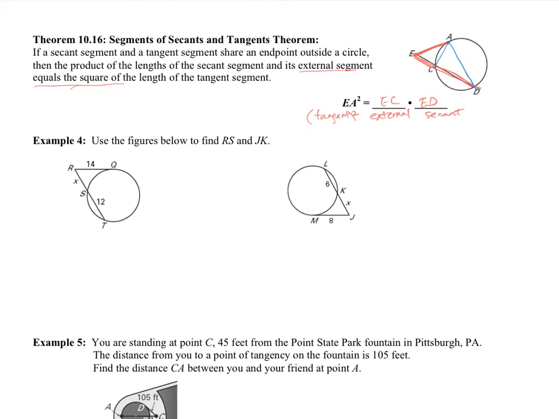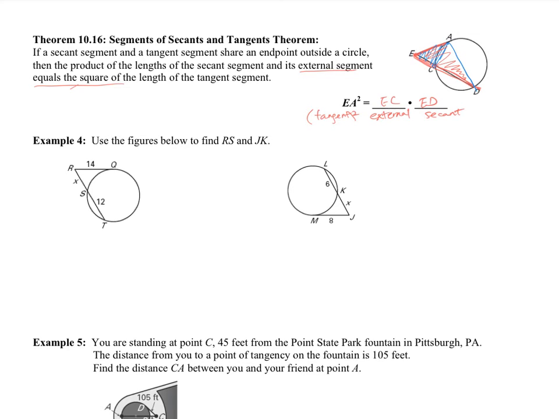To prove this theorem, you will have to draw in auxiliary lines AC and AD to establish two more similar triangles. And we can prove that these two triangles, AEC, is similar to triangle DEA by AA similarity postulate.